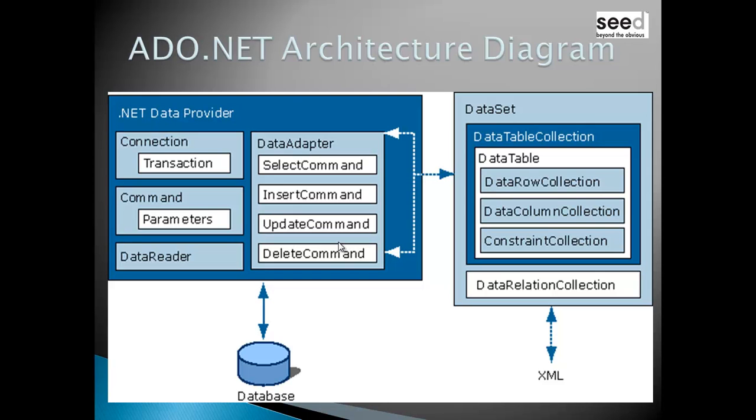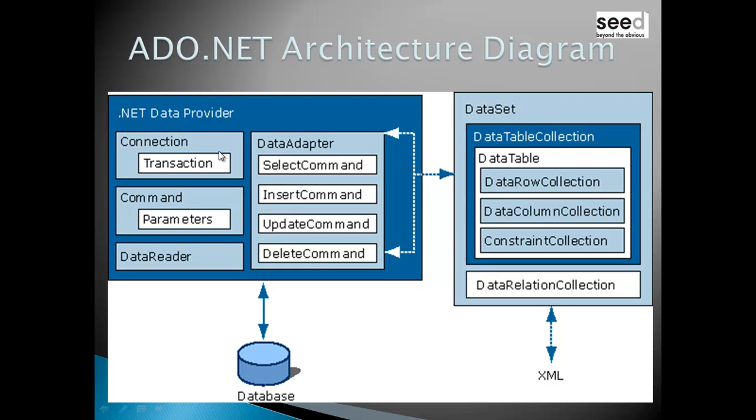Let us have a look at the ADO.NET architecture. Here you can see that this is the database, and ADO.NET comes with some .NET data provider. The .NET data provider has some important classes like the connection class, command class, data reader class and data adapter class, which directly communicate with databases.